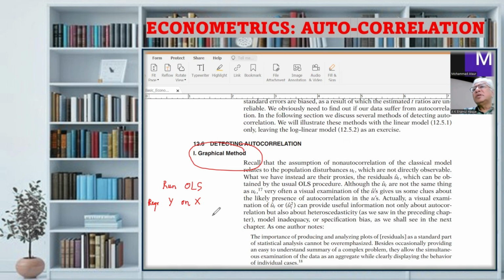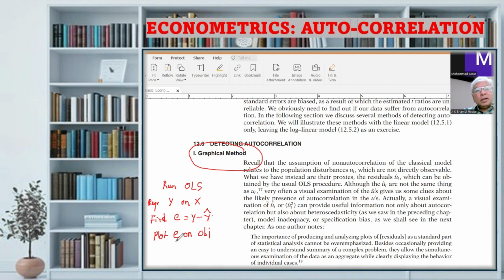That's my first choice. If I regress, I can run this and find E. Remember, I can always find E. What is E? E is equal to Y minus Y hat. So we can find it, and then we plot E on observation.